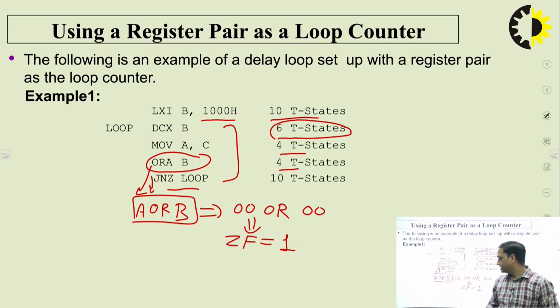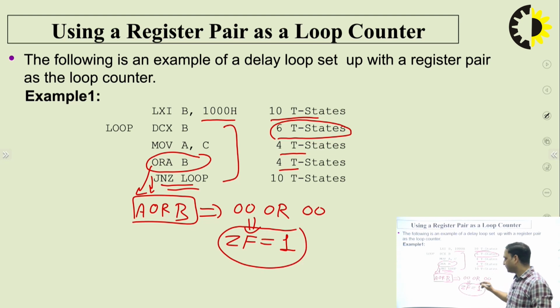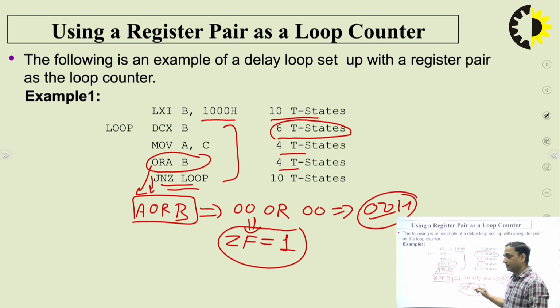So what is the meaning of this? JNZ loop will specify that it will be complete, and the final count will be there, when the zero flag is set. The zero flag will be set when the OR operation result is 0, which happens only when both are 0. This is the only condition.